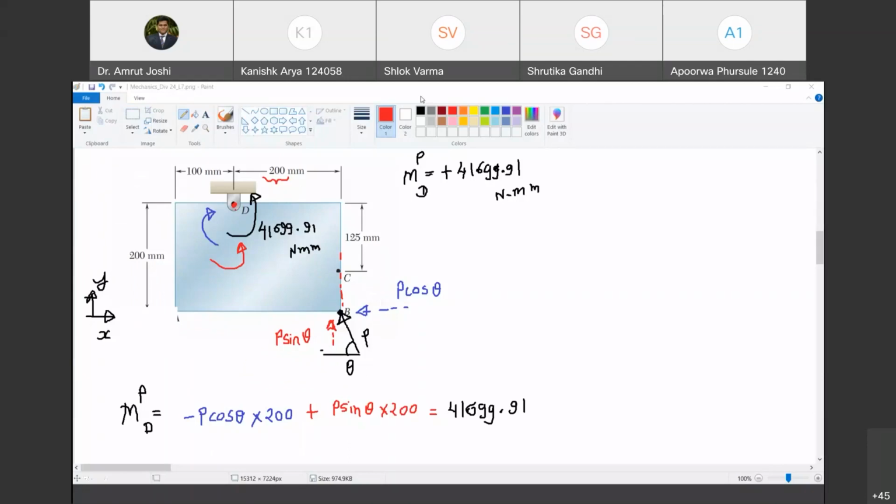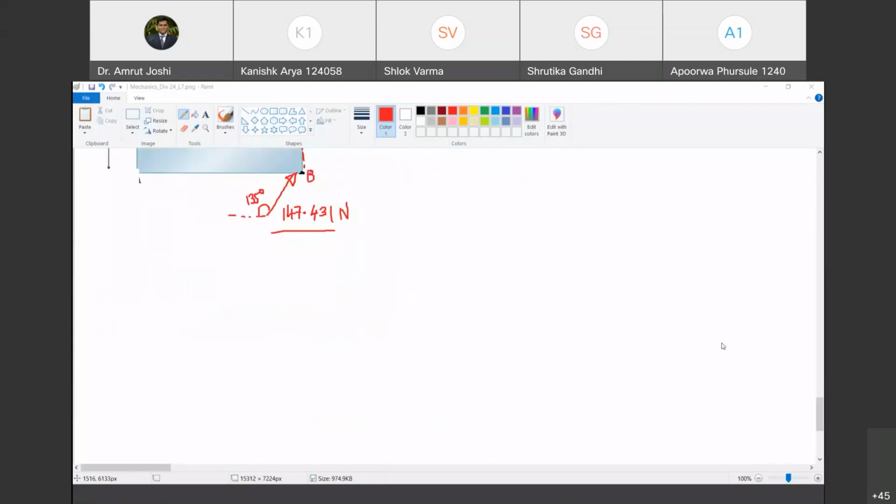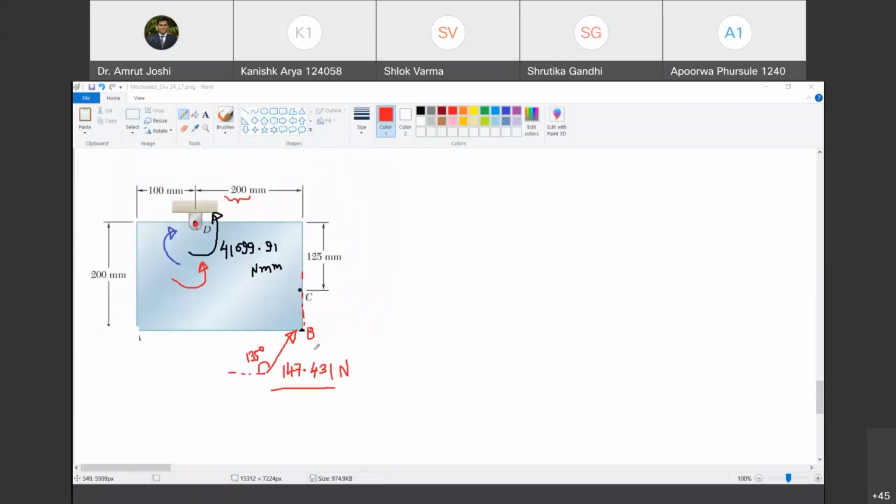Are you with me? Shrutika, are you with me? Yes, sir. Okay, now the only worrying thing for me is this moment, 41699.911. This moment is anticlockwise, and if I have to consider this negative sign of the force, then I have to show this P in reverse fashion.